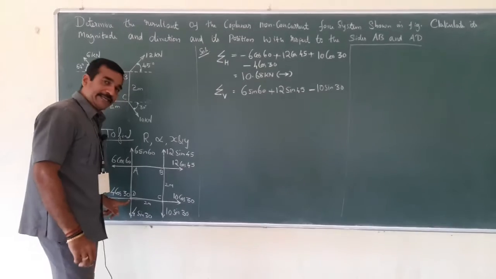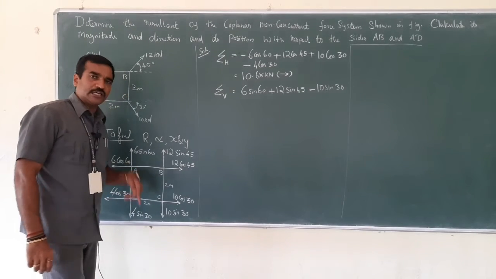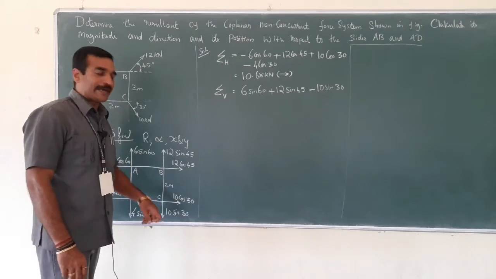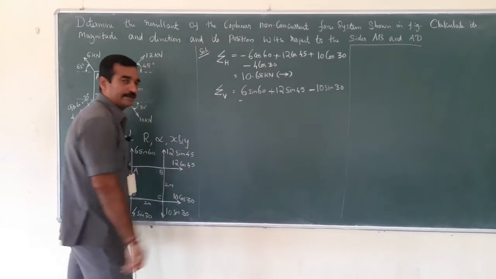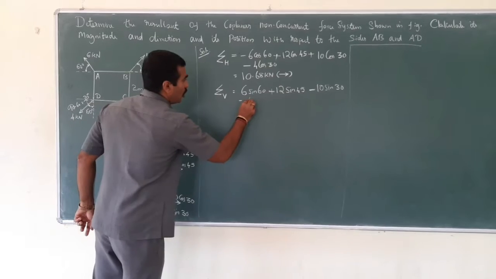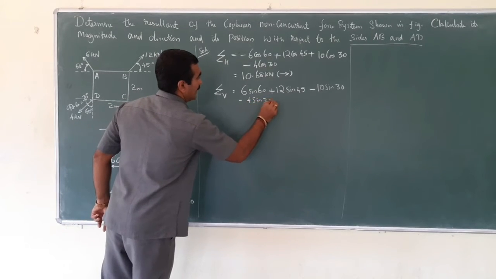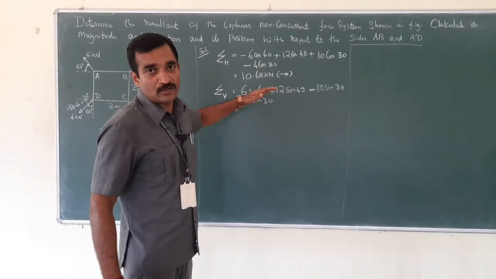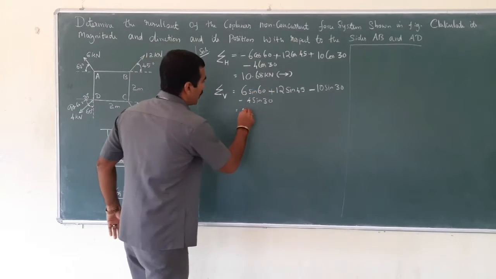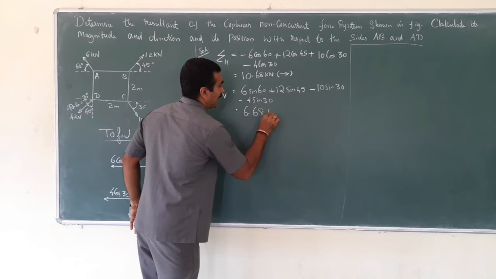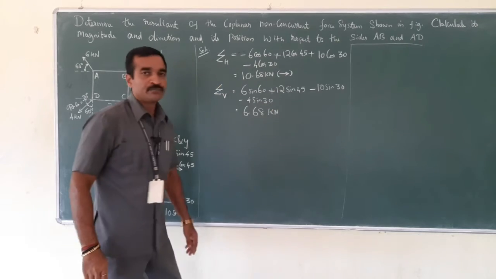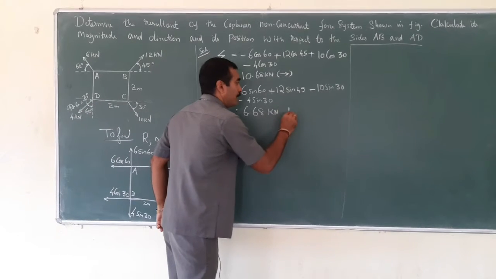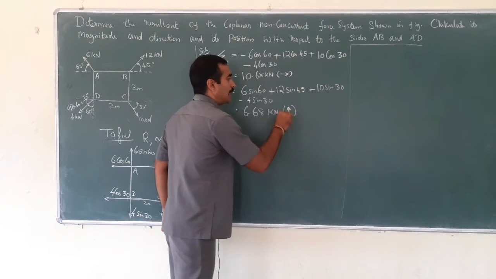Let me move to point D, where a force is acting vertically downwards, the arrow is heading towards the minus y direction, therefore it will carry a minus sign, and the magnitude is 4 sin 30. If you feed all these values into your calculator, you will get 6.68 kilonewton. Since the value is positive, the force will act in the upward direction.